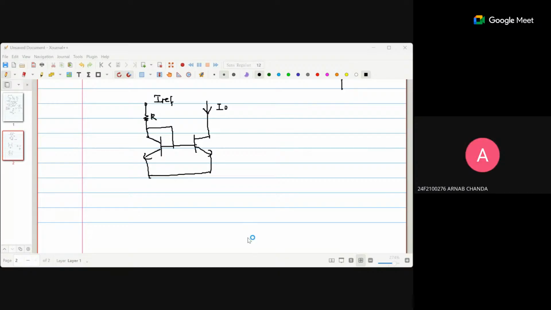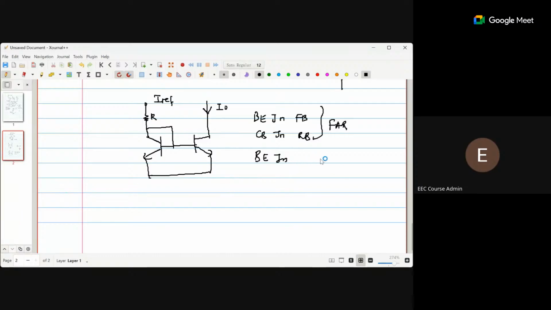Maybe we are making VC and VB the same, because see, the base emitter junction is forward biased, the collector base junction is reverse biased, that is your forward active region. That means the base emitter junction is forward biased, so what about the relation connecting VB and VE, which should be greater?